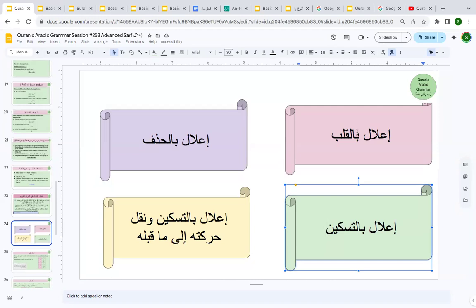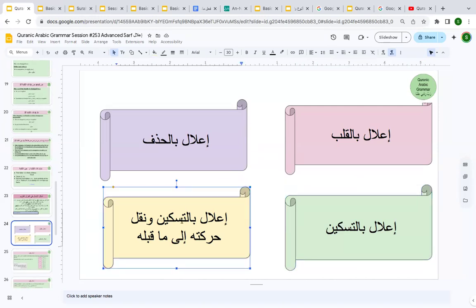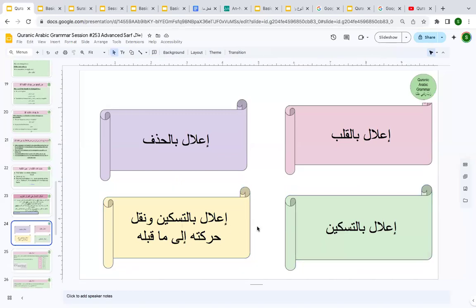Is it clear? Then the last one, the last call out for you guys, is إعلال بالتسكين والنقل حركته إلى ما قبله. This is also something we are going to cover in the next few slides, and you will be a master of that.